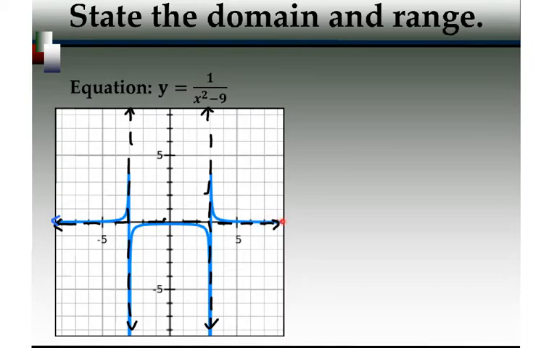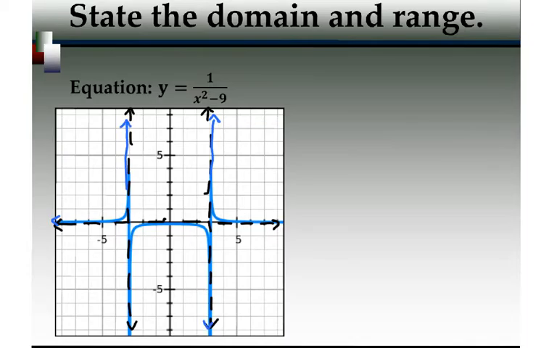Same goes off in this direction, the positive x direction. It keeps getting closer and closer to y equals 0, but never gets there. And then also for the asymptotes going up and down, it gets closer to the vertical asymptotes at 4 and -4, but they never reach it.